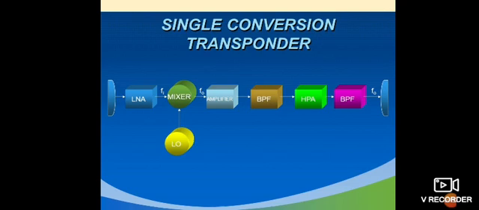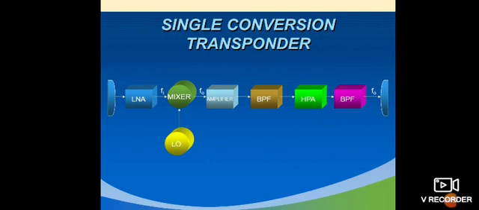The next one is the high power amplifier, shortcut HPA. The amplified downlink signal can have another amplification. Why? Because when the signal is to be transmitted to the earth stations, the power range should be very high.